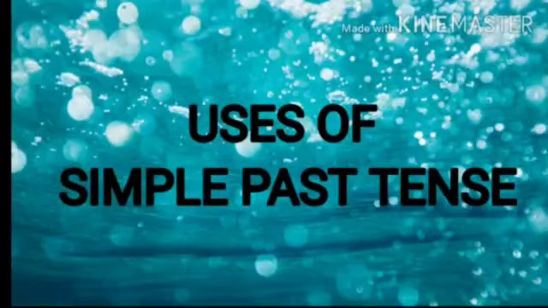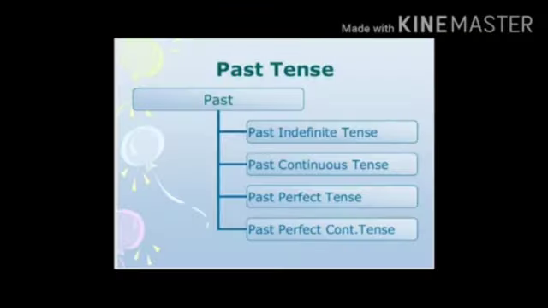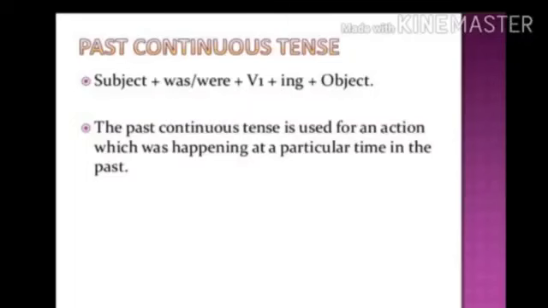Now let's go to the next segment, that is the past continuous tense or the past progressive tense. Okay, what does it mean? The past continuous tense is used to describe actions ongoing in the past.